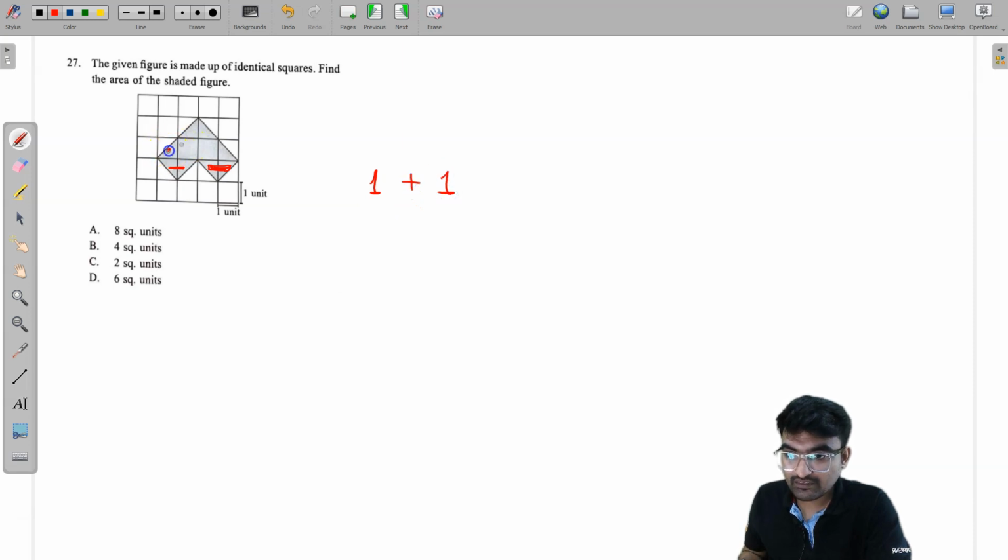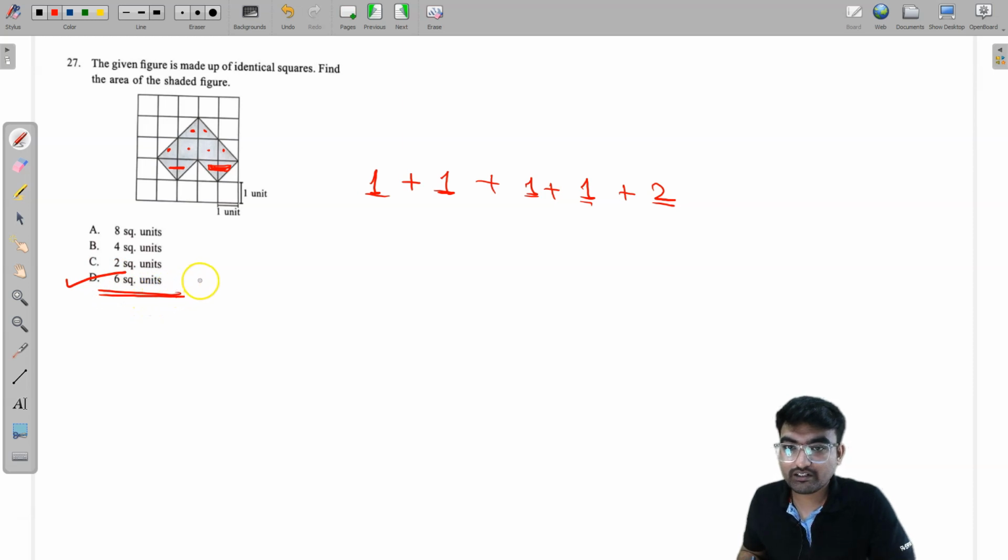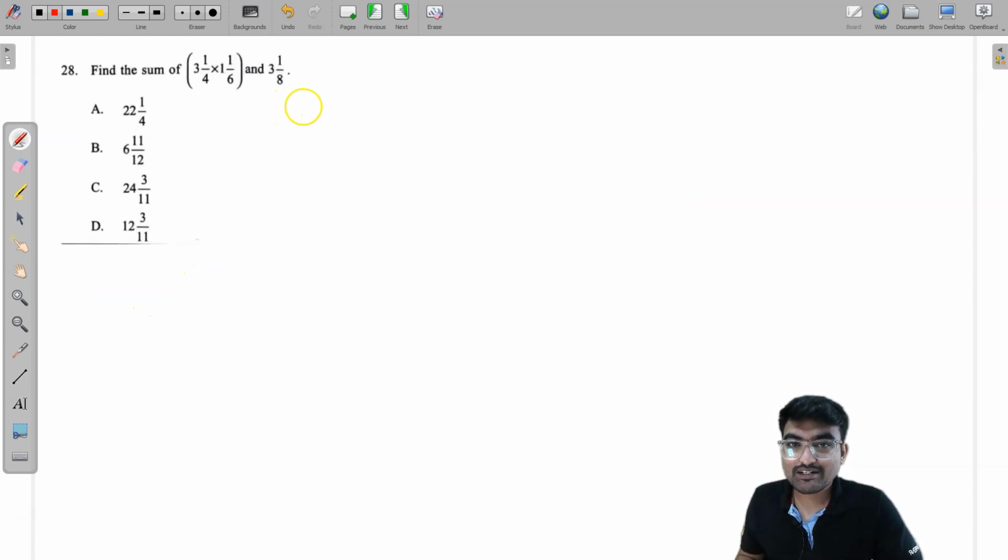Then this and this we will assume as one more, and this half and this half will again become one more square. Now the remaining two, so we'll add two more. So now how many square units are there? 2, 3, 4, 5 and 6. So we can say the shaded figure is of 6 square units. Got it?